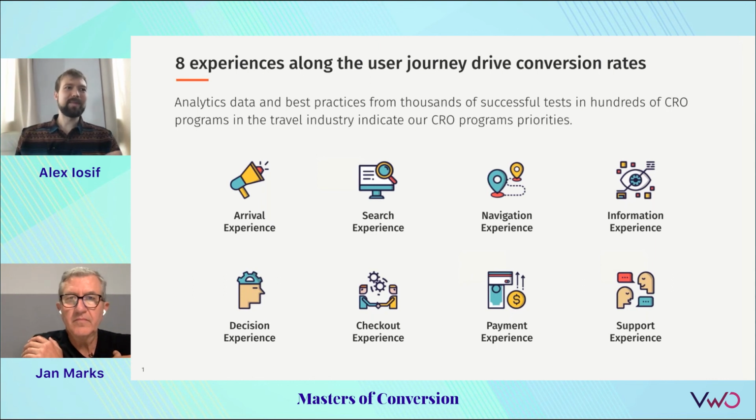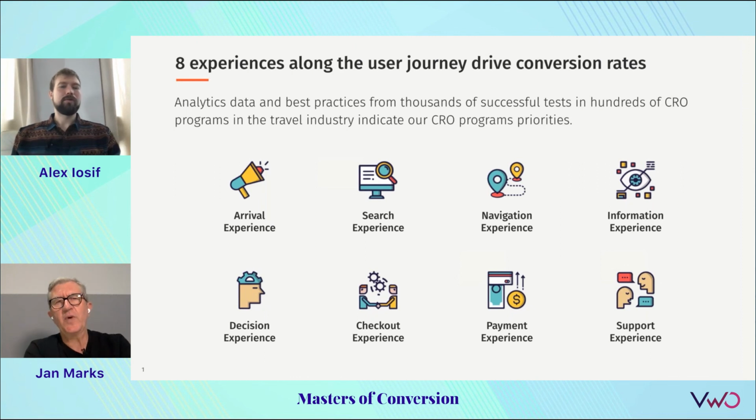So yes, we segment, but not to the extent that an advanced CRO program would have, where you can narrow down on literally anything from device to city to country. That requires a lot of traffic.